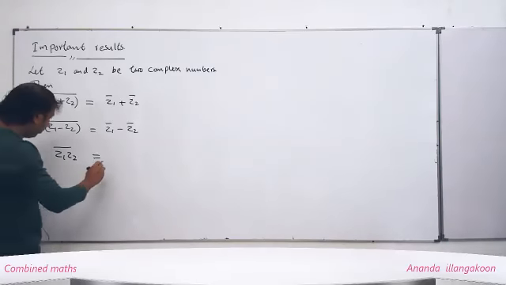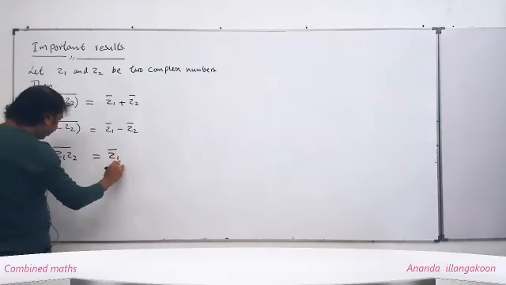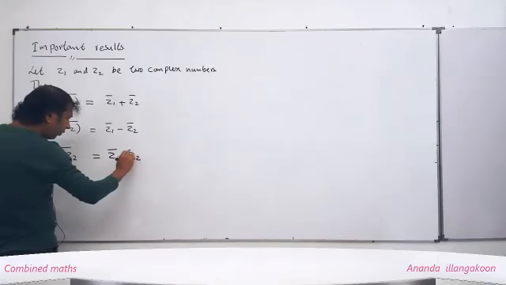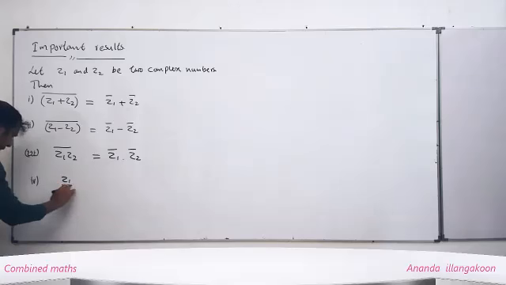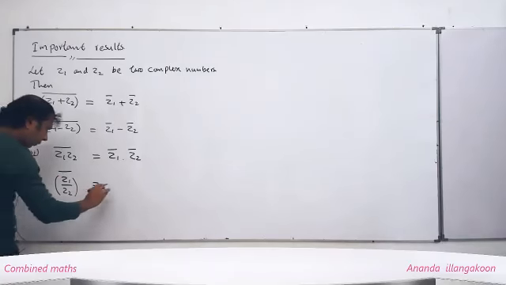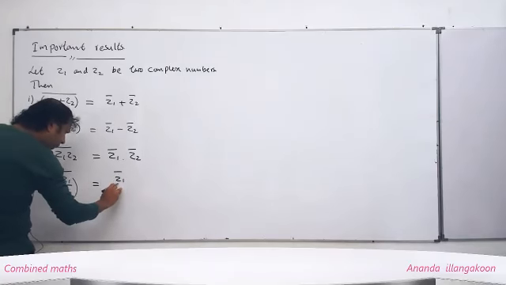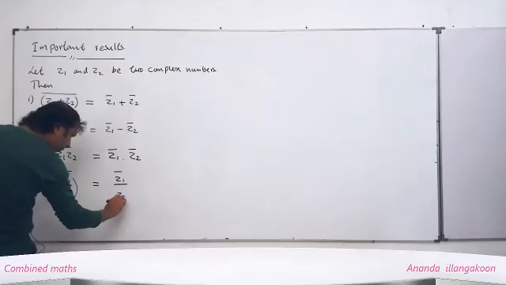Then this is equal to Z1 conjugate multiplied by Z2 conjugate. Right. Number four, people, we divide Z1 by Z2 and we take its conjugate. Then this is equal to Z1 conjugate divided by Z2 conjugate.